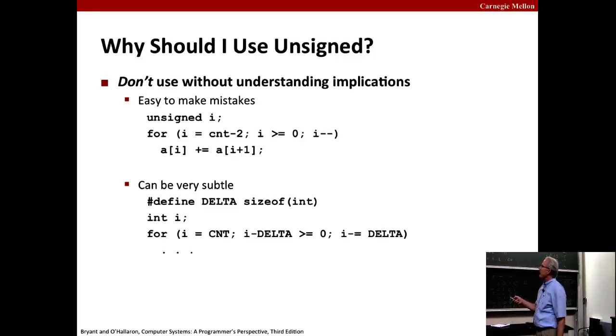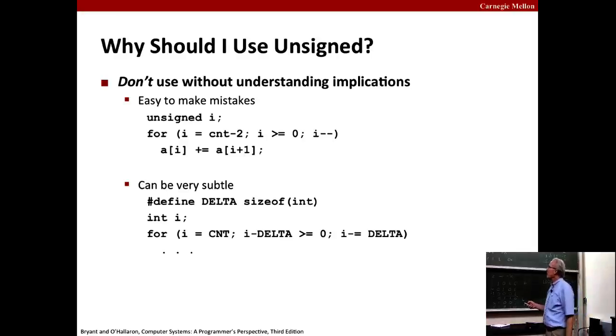So for example, the operator sizeof is defined to say how big a particular data type is. It's a very useful operator, but its return value is what's called a size_t, which is defined to be a long unsigned number.